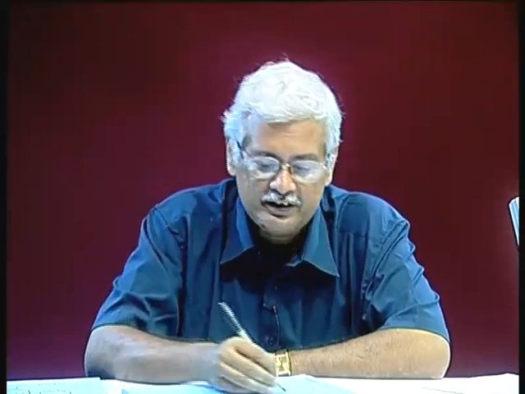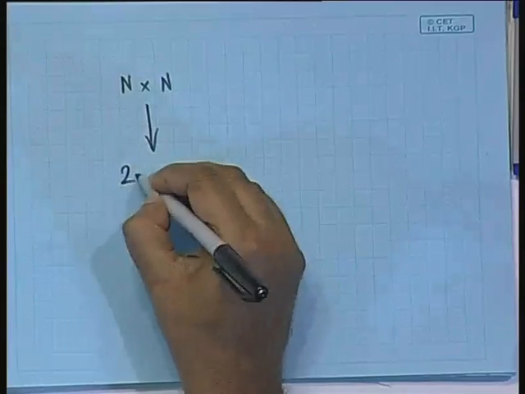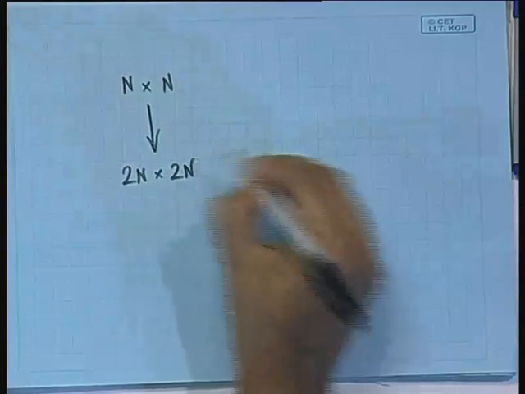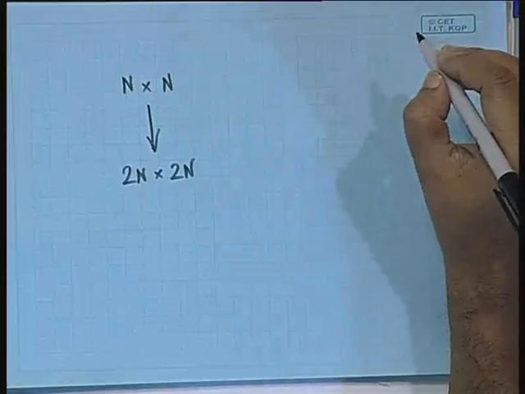So, essentially if you incorporate some kind of interpolation, then you can increase the resolution of the image fictitiously. Let us say that you have an n by n image. Then you can convert this into an image of size 2n by 2n.